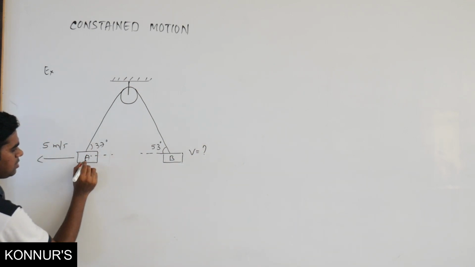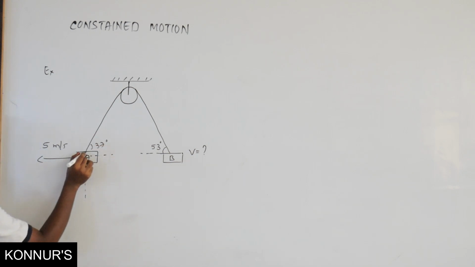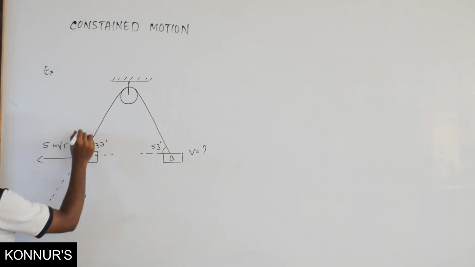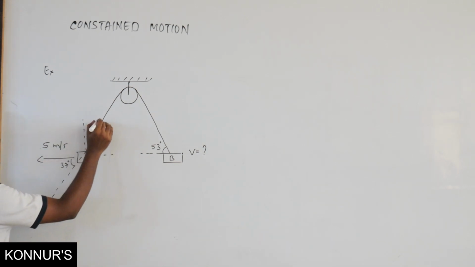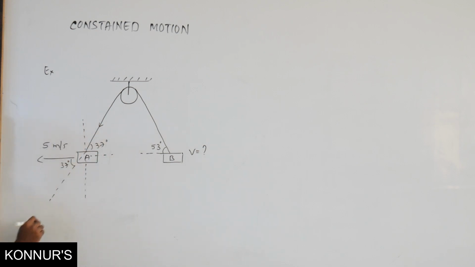If suppose this is 37 degree, then this is also going to be 37 degree. Now if this moves in this direction, the tension in the string will come in this direction. Here it will come in this direction. So take the component of velocity of A in this direction. That is the component of 5, which will become 5 cos 37 degree.